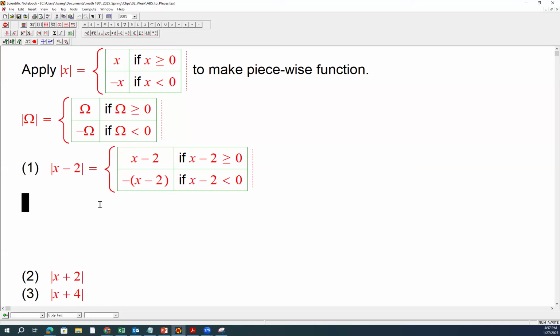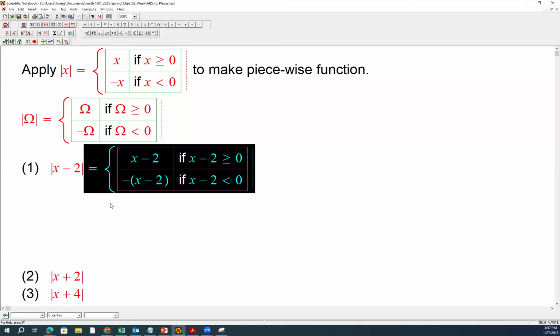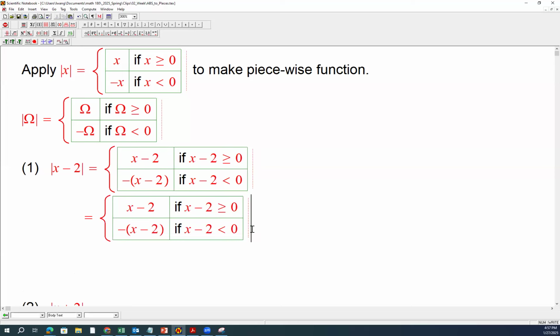And of course, we can simplify these two pieces. How do we simplify these pieces into the preferred form, so we can use it in calculus? This is what we can do. The absolute value of x minus 2 is the same as x minus 2 if x minus 2 is greater than or equal to 0, and the absolute value of x minus 2 is its opposite when x minus 2 is negative.